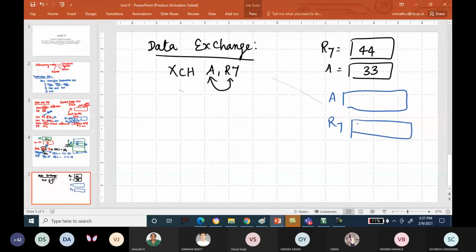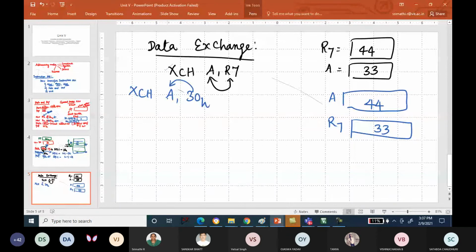either you can have exchange A comma a memory address, namely 30H. So from 30H, whatever data is available, move that to A, and from A, whatever data is available, move that to 30H. That is the meaning. Or you can use it as an index. What type of addressing mode is this?